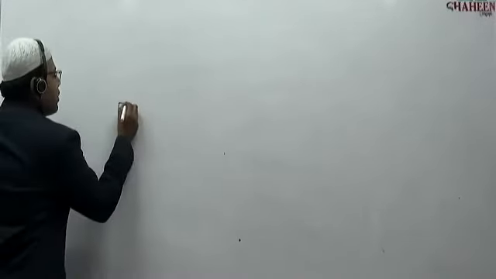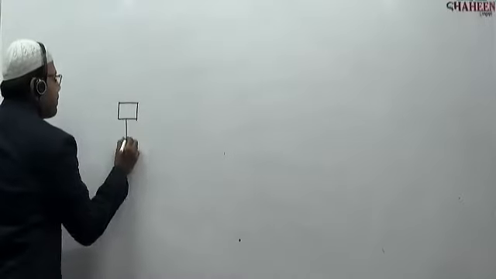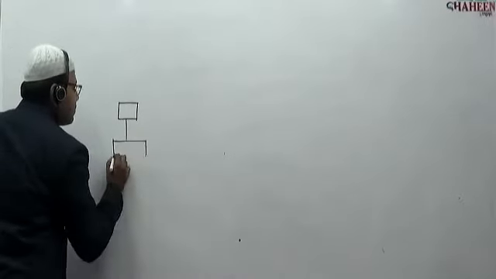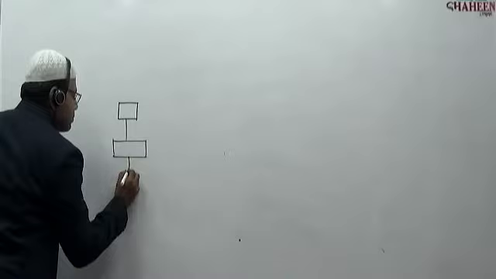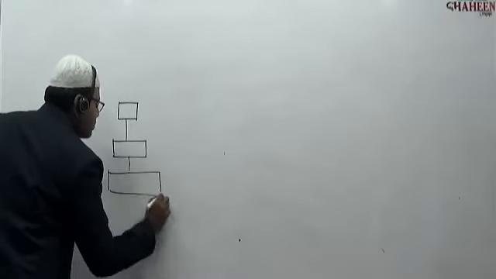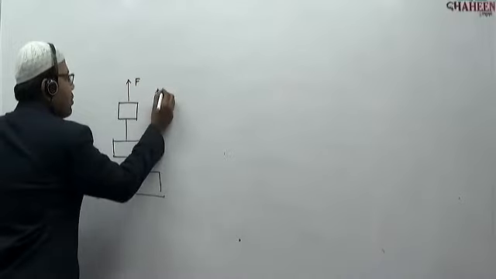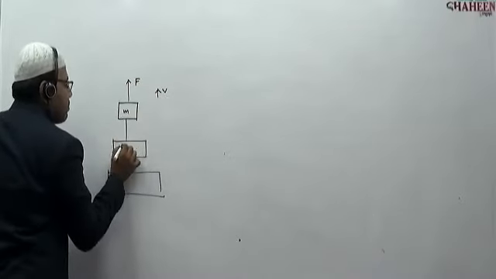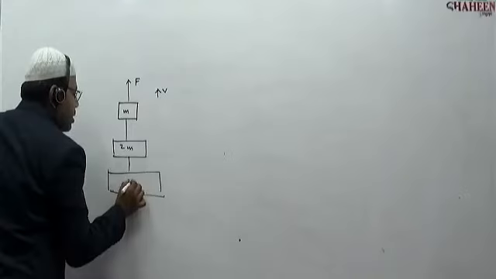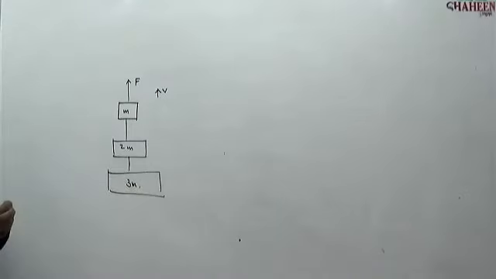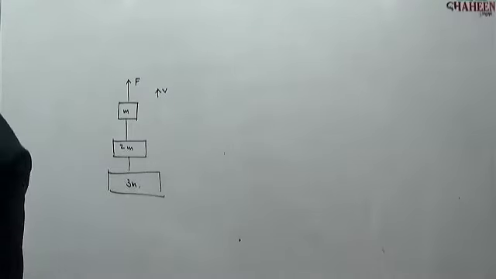This is the figure बेटा, ये figure दिया हुआ है. The force F is applied, moving with the constant velocity v, masses m, 2m, and this is 3m. I'm giving 1 minute time, solve it. If you don't get, I'll show you.